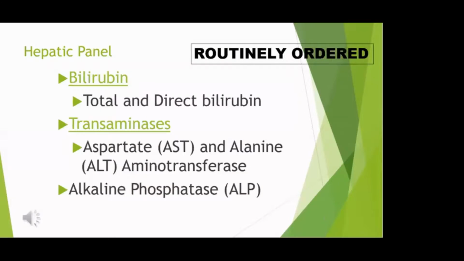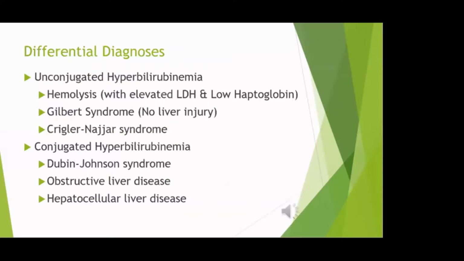The liver tests that are routinely ordered in our labs are bilirubin, the total and direct bilirubin, and the transaminases. For bilirubin, it usually depends on what type of bilirubinemia is seen, and it points to a specific disease.